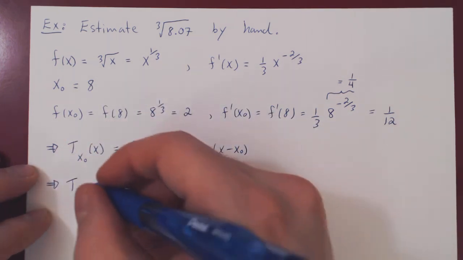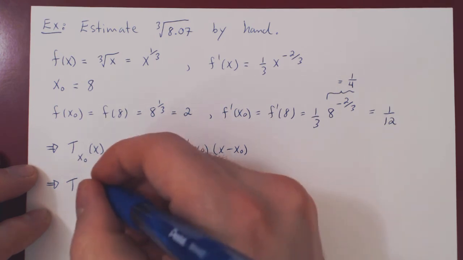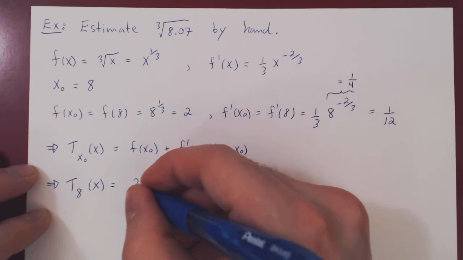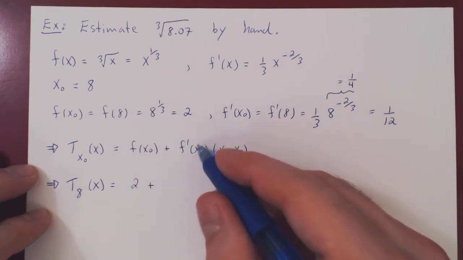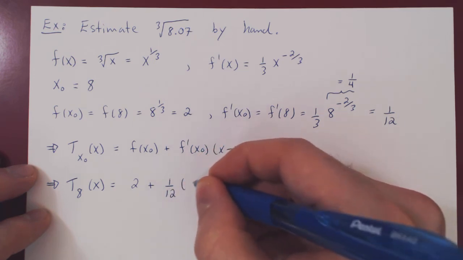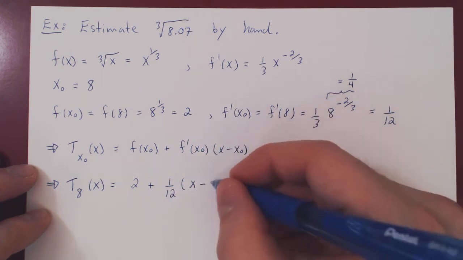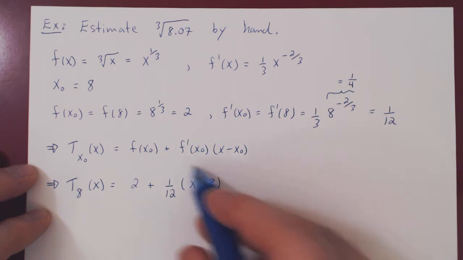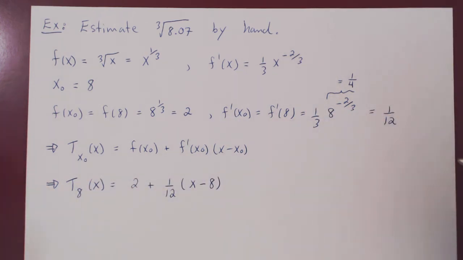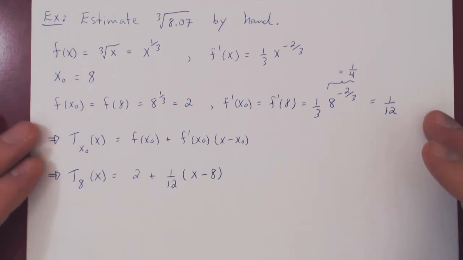So we have the tangent line at the point 8 as a function of x is equal to f of x0, 2, plus f prime at x0, 1 over 12, times x minus x0, which is 8. So here's the equation of our tangent line, and now we are ready to find our linear approximation by hand.